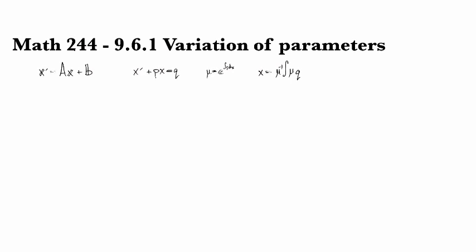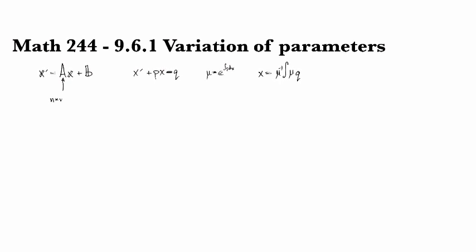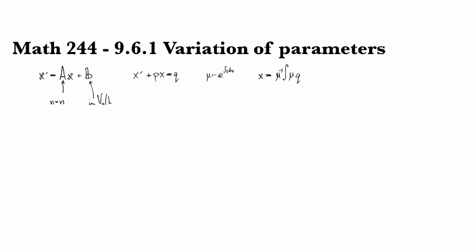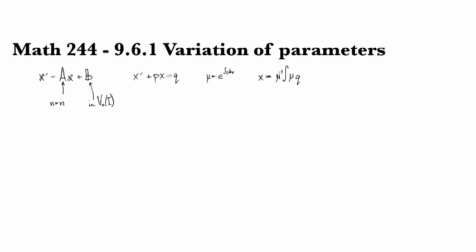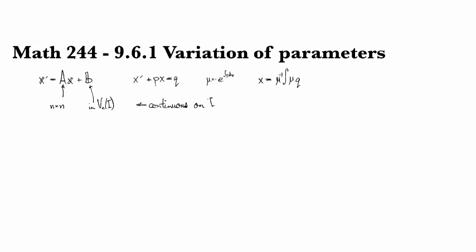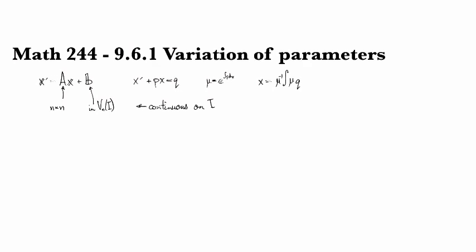So we'll take our A here to be an n by n matrix, and we'll assume that B here is some column vector with n entries, which are all going to be continuous on I. Same for the entries of A, if it has functions of t as its entries.